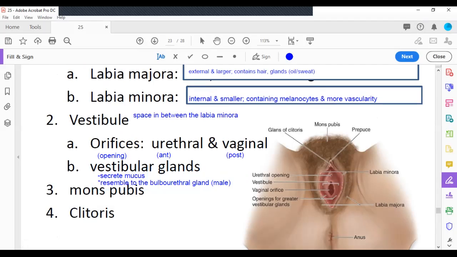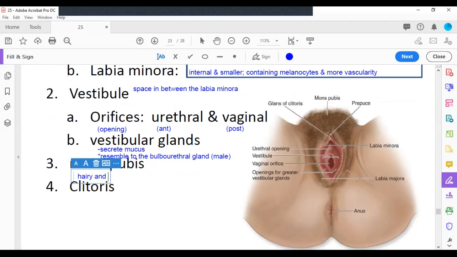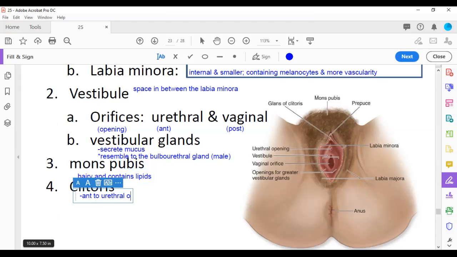Now, the mons pubis is in front of the pubic symphysis and is hairy and contains fat or lipids. The clitoris is anterior to the urethral orifice, and it resembles the penis.